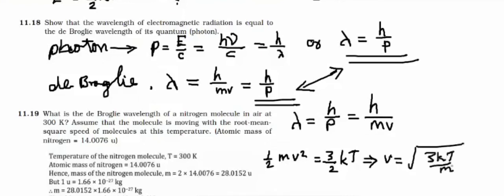That's the RMS velocity. And this value of v you substitute in the formula, then you will get the de Broglie wavelength of nitrogen at 300 Kelvin by substituting the mass of nitrogen there. You will get the answer.